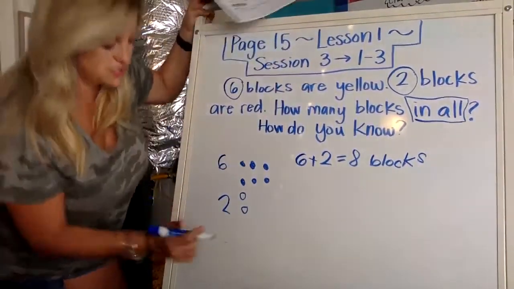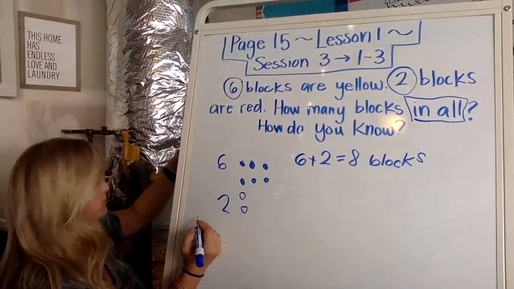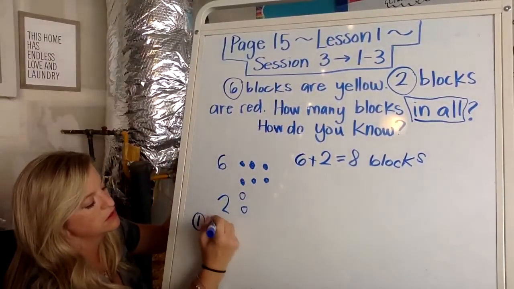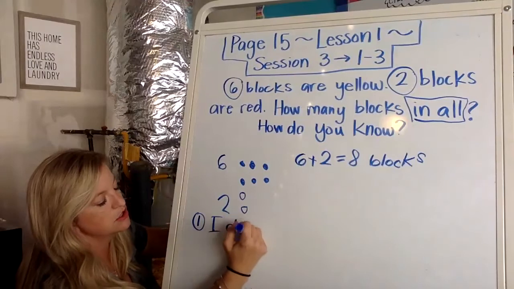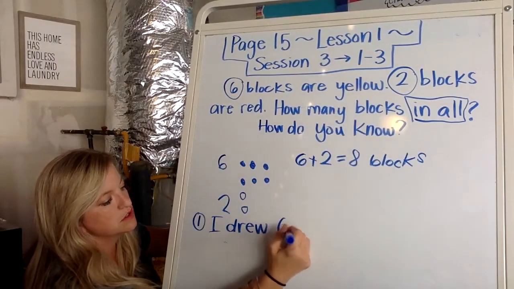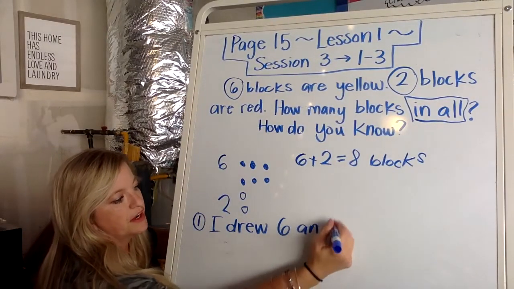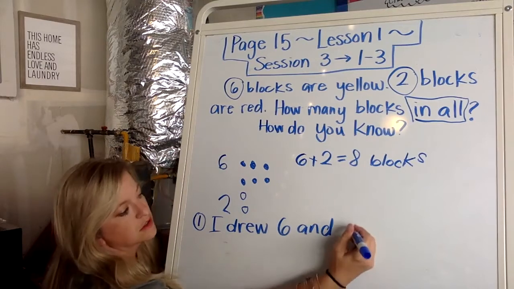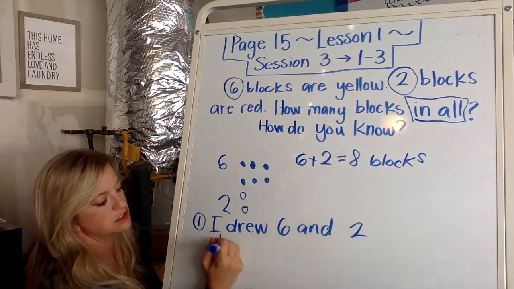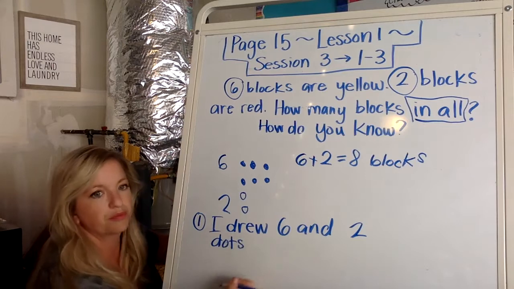So let's see if you can see what I write. Problem number 1. So I'll say I drew 6 and 2 dots.